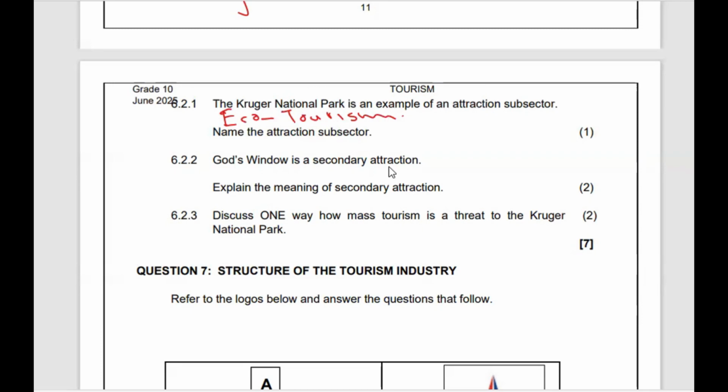Then 6.2.2, God's Window is a secondary attraction. Explain the meaning of the term secondary attraction.